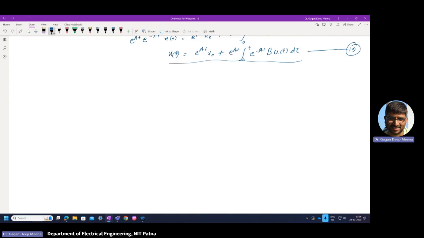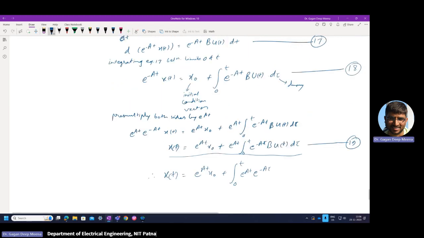Okay, so we'll bring this term inside this particular integral term, and we'll rewrite this x of t. So your x of t will become something like this. Your integral from 0 to t, and your e to the power at e to the power minus a tau. This is tau all the time.